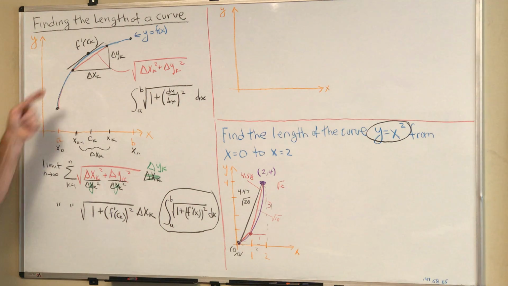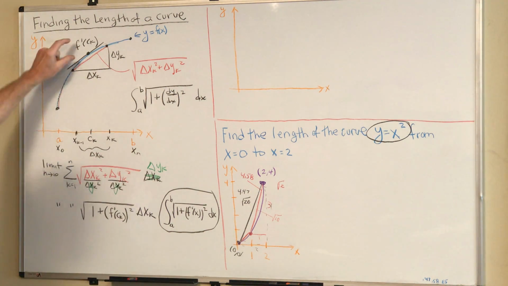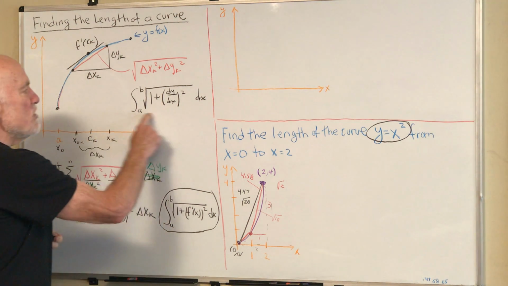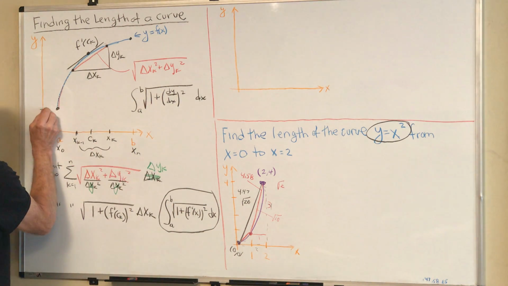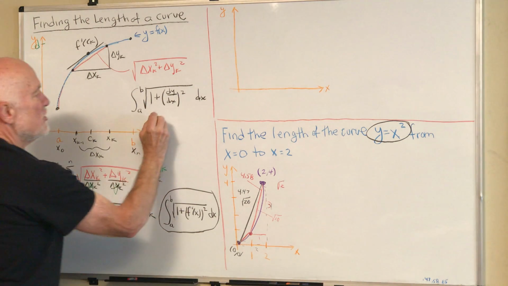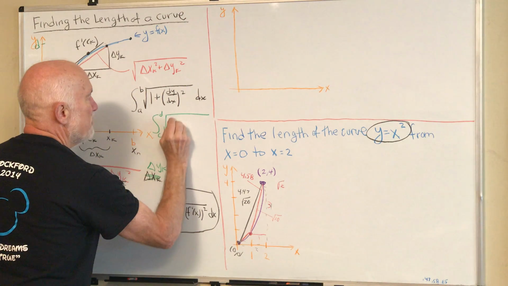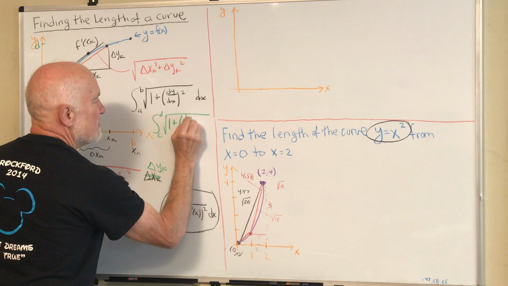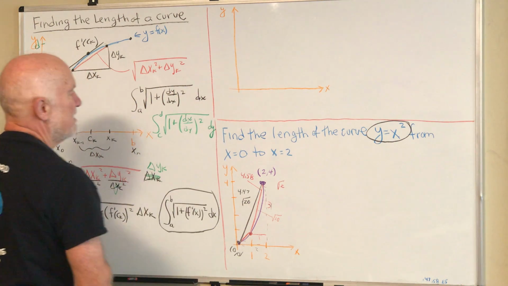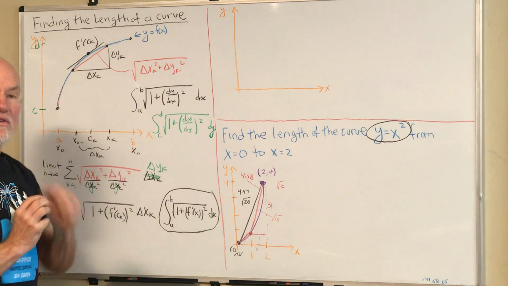And that would turn out to be dx dy. You'd have the derivative with respect to y instead of with respect to x. So the other way you can write this, if this is c and this is d on the y-axis, you could write that the integral from c to d of the square root of 1 plus dx dy squared dy. So you have to decide what's easier to do, dy dx or dx dy.